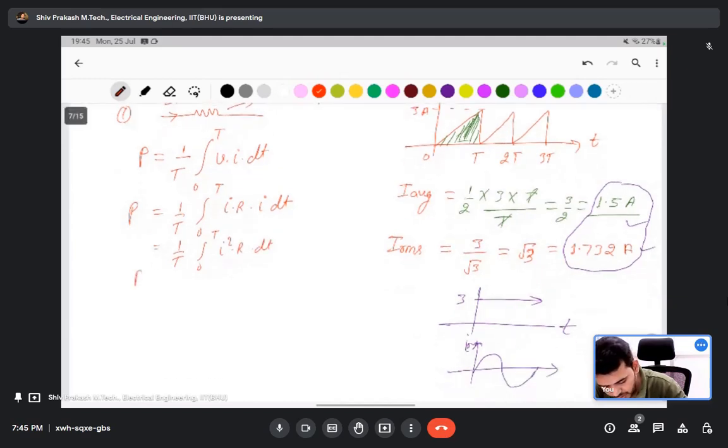R is a constant, so you take it outside: the integral from 0 to T of i square dt.